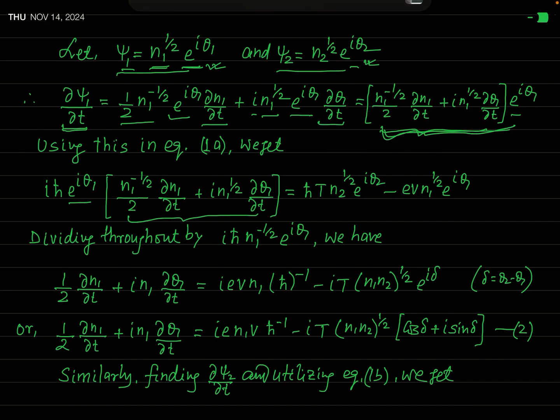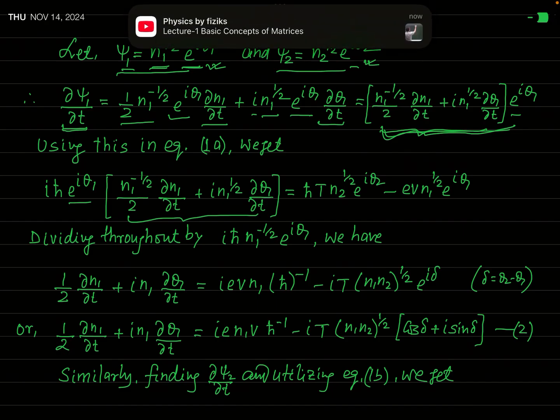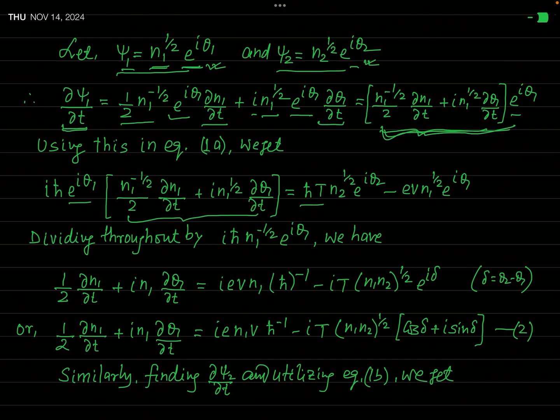And in the RHS, you have seen that there is ħTψ2. So ħT, and instead of ψ2 you can write this expression. You can see N2^(1/2) e^(iθ2), and minus, there was minus EVψ1. Instead of ψ1, now we will write N1^(1/2) e^(iθ1) from here.